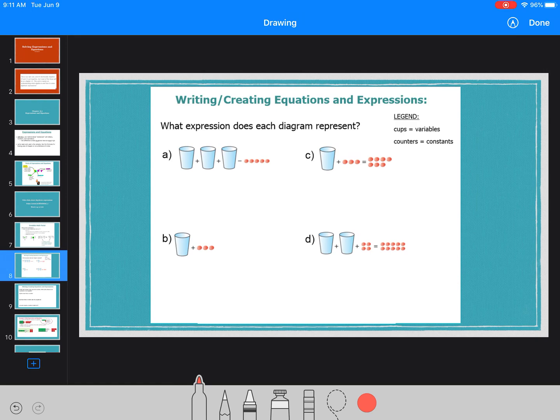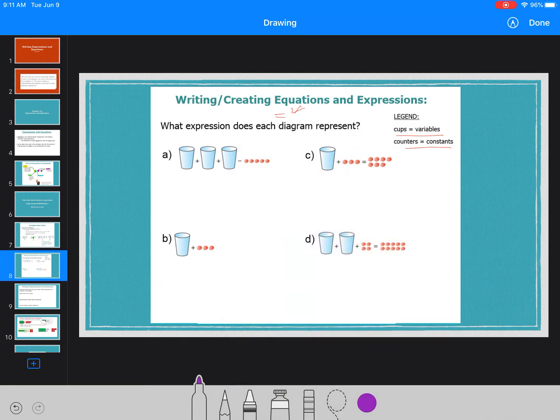Okay, so let's look at these and make some expressions and equations. Because some of these are expressions, some of these are equations. Equations are what? Have the equal sign. So the cups will be variables and the counters will be constants.